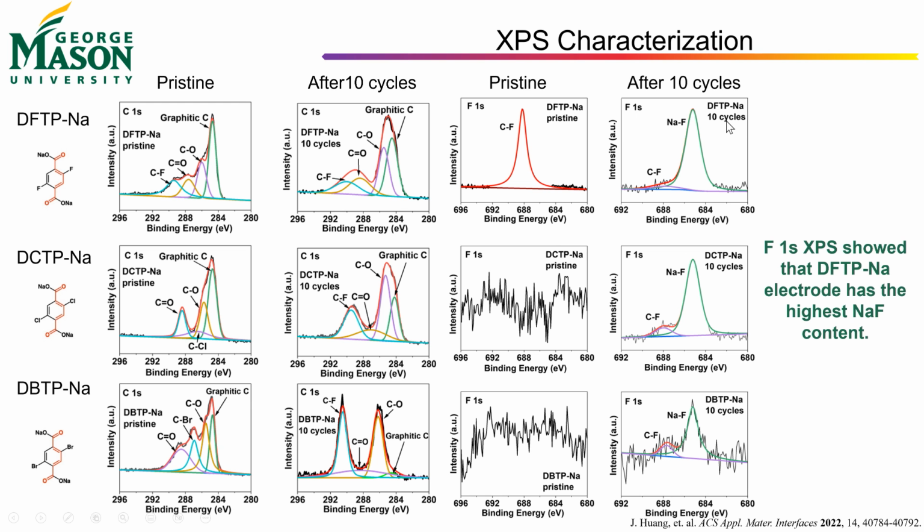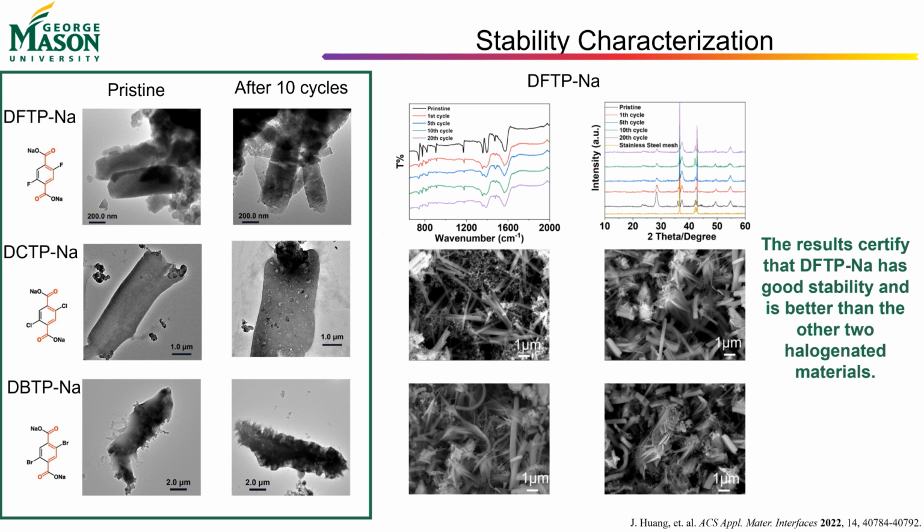To study their stability, we studied their SEI layer by XPS test. From the result of carbon 1s, we found that after 10 cycles, carbon-fluorine peaks appear in all of the 3 compounds, which means the occurrence of organic fluoride components.